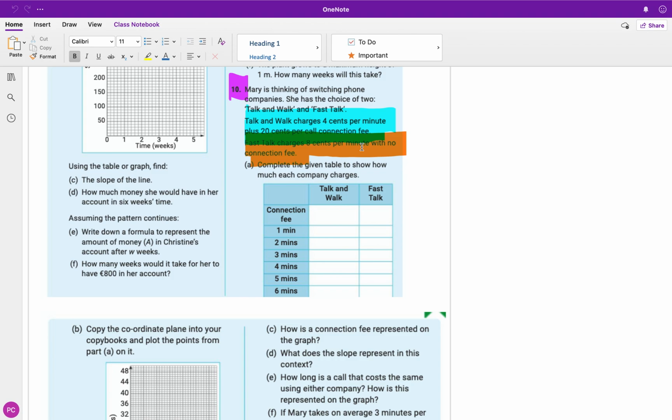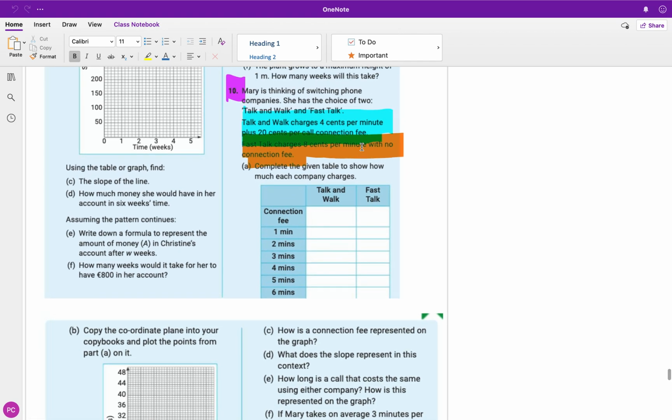Let's do Talk and Walk first, the left column first. The connection fee for Talk and Walk is 20 cents. And then it's 4 cents per minute after that. So for 1 minute, it's going to be 4 cents and 8 cents.